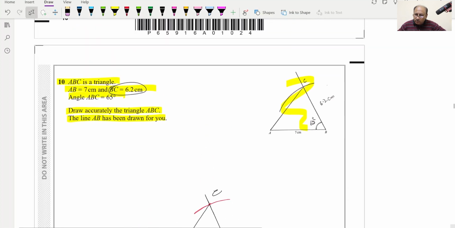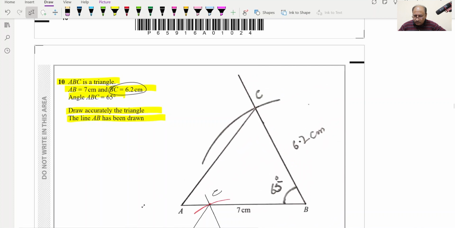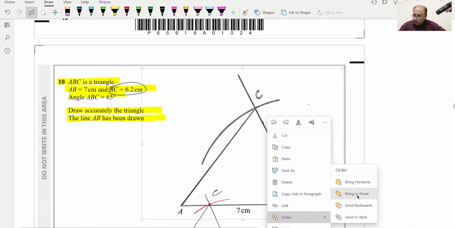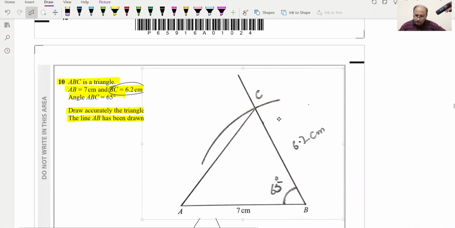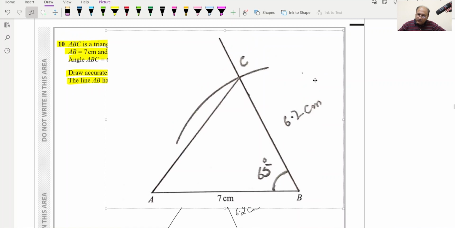I have done it accurately, and I've inserted a picture of that drawing, so you can look at this also. So this is the picture which I have drawn. You can see this is 6.2 centimeters.